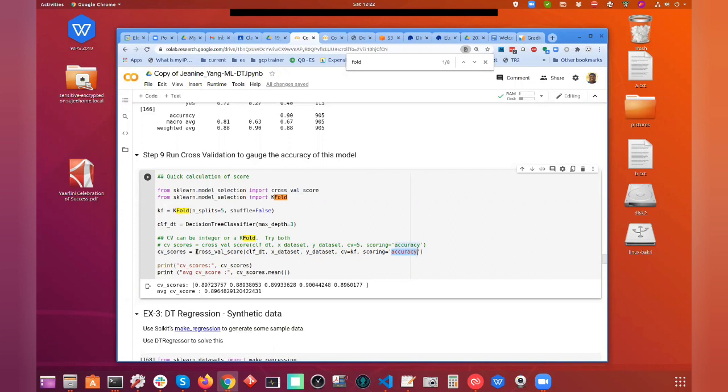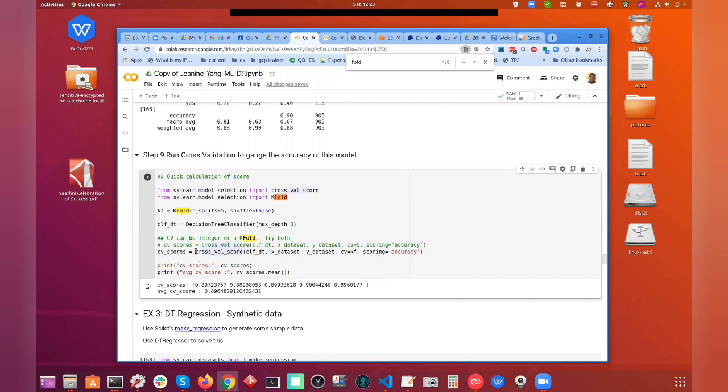Cross-validation is a generic algorithm. You say, here's my model, here's my X and Y, run this many folds, and assess them using this score. This could be accuracy, F1, whatever we have. Remember, cross-validation has two functions.